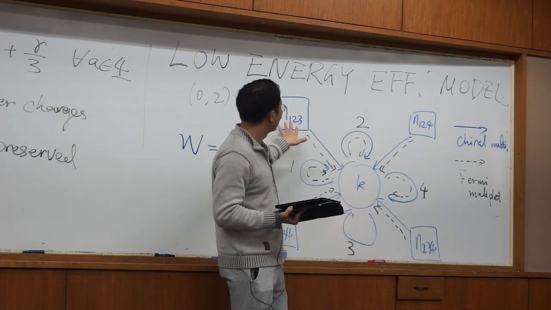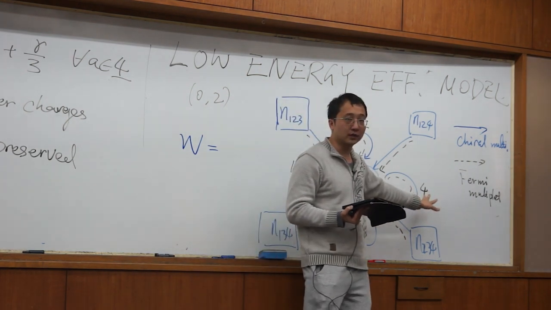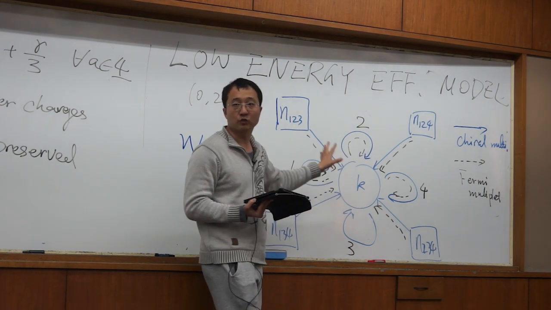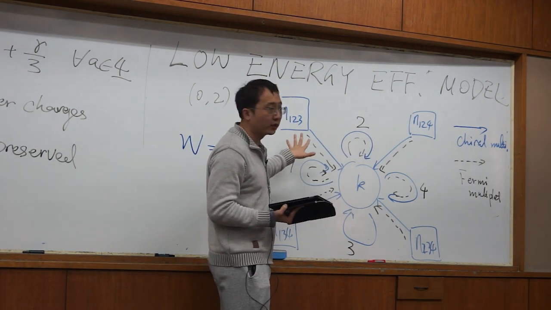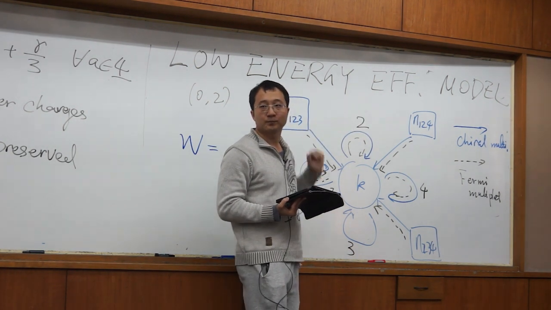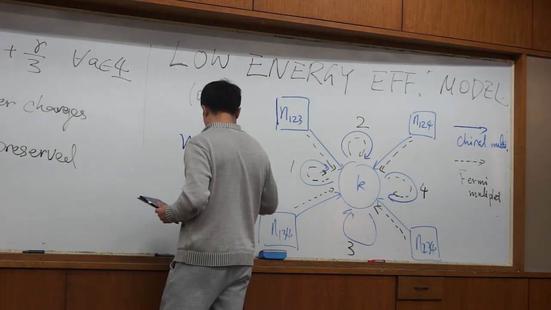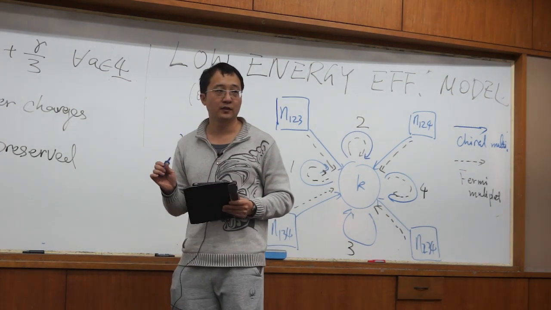So this 1, 2, 3 multiplet is coupled with the B4 here. So we cannot arbitrarily write down the coupling constant. For example, there will not be any coupling between the 1, 2, 3, and 2. Okay. So any questions?